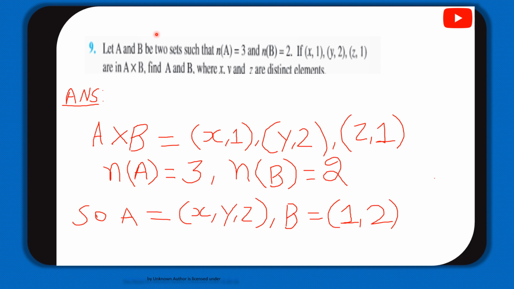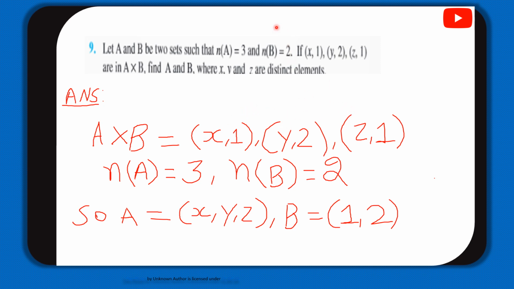Let A and B be two sets such that the number of elements of A is equal to 3 and the number of elements of B is equal to 2. If (x,1), (y,2), (z,1) are in A × B, find A and B, where x, y and z are distinct elements. Okay, so identify the elements of the Cartesian product A × B, which are given as (x,1), (y,2), (z,1). Since the number of elements of A is 3, A must contain distinct elements, so A = {x, y, z}.